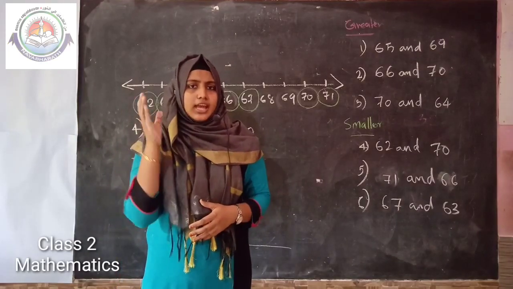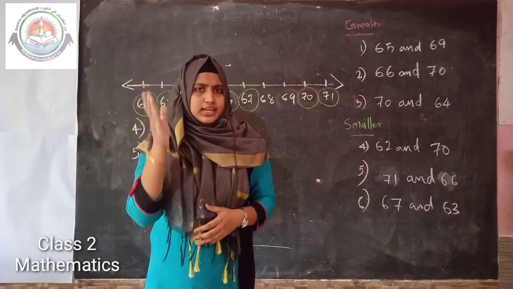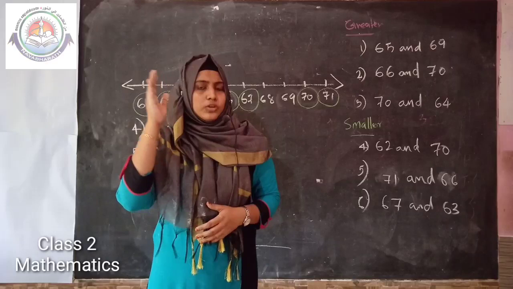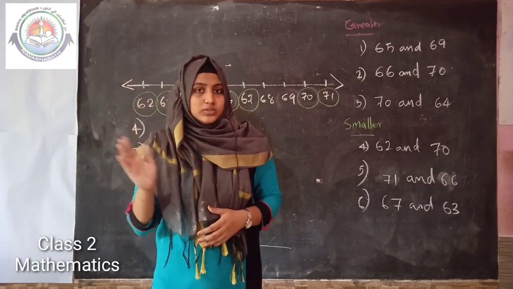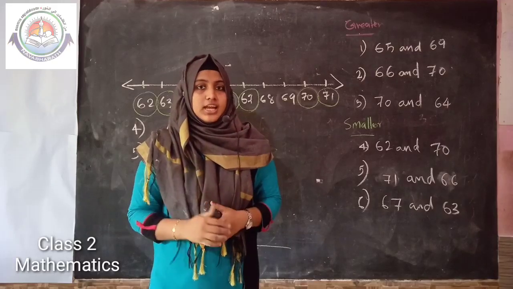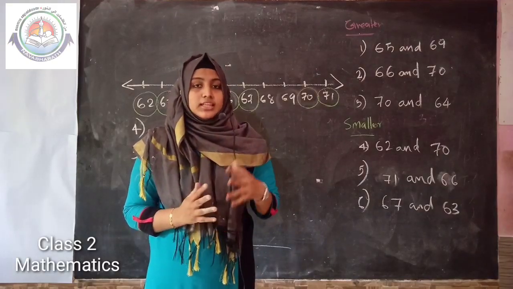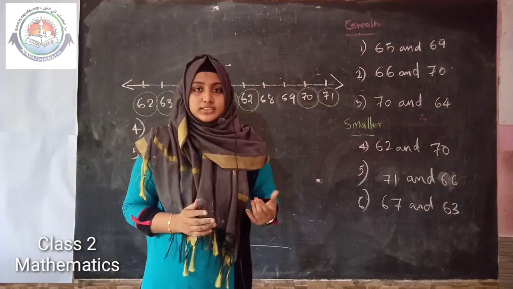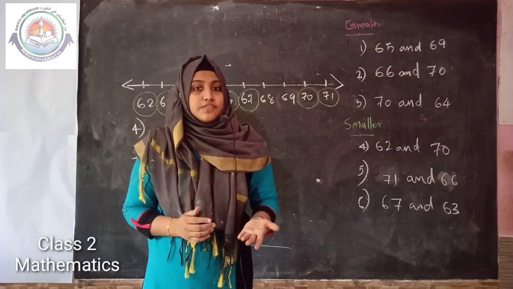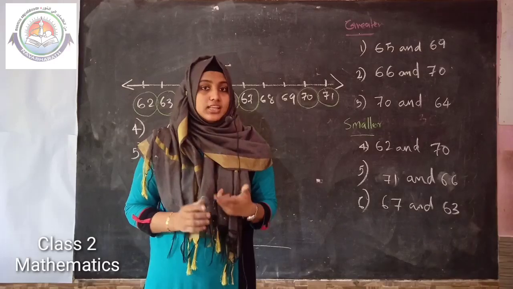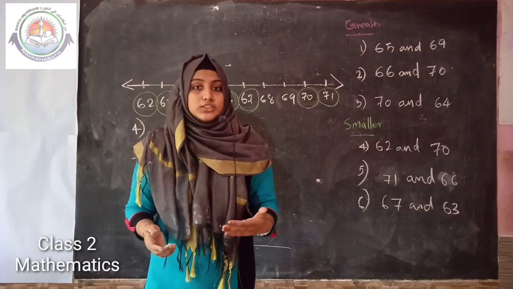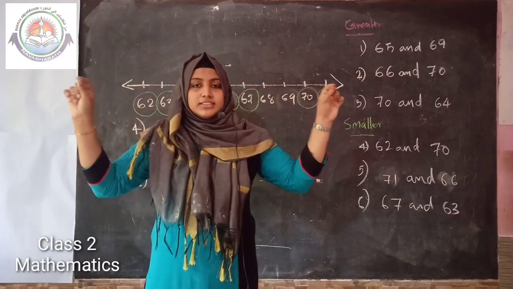So, can you say which number is greater or smaller without drawing a number line or without counting? If I told you the numbers, which is greater, 25 or 32? Just imagine the number line.